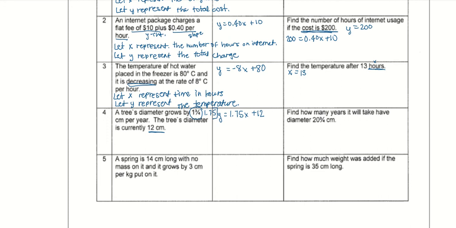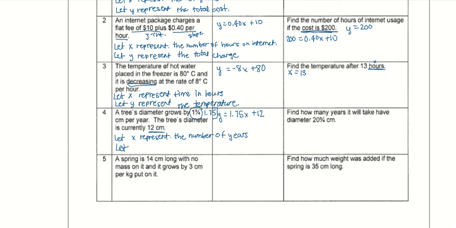So using that equation, we can go back and say what our let statements are. We can say let x represent, it said 1.75 centimeters per year. So we can say let x represent the number of years. And we know that y in this equation is going to be the total.